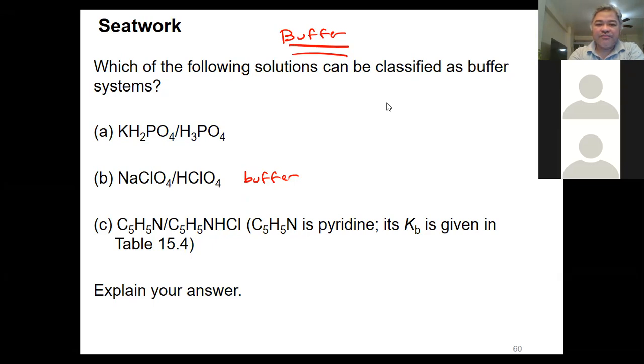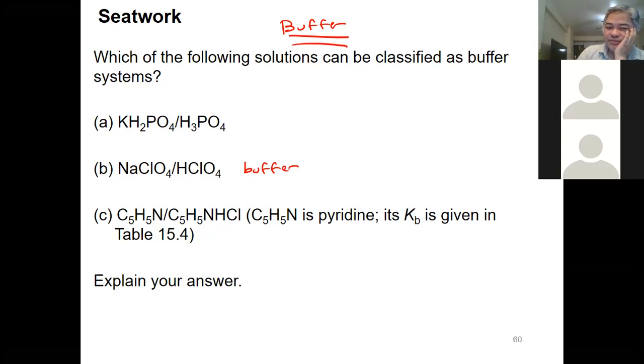So a buffer should have what? A weak acid and its conjugate base. So let's go one by one. Letter A, is this weak acid, weak base, strong acid, strong base? I gave you the list earlier. Kasama ba yan sa listahan ng strong acid or strong base?